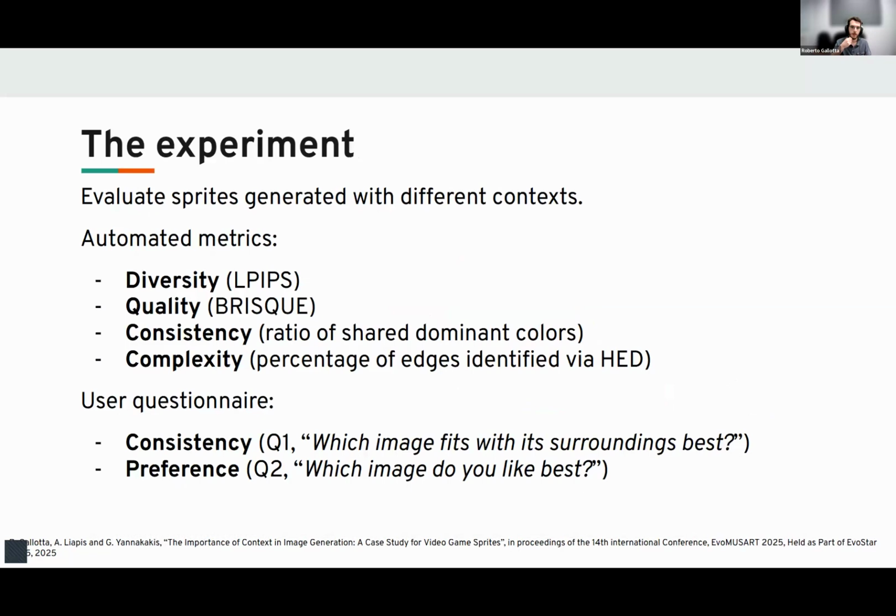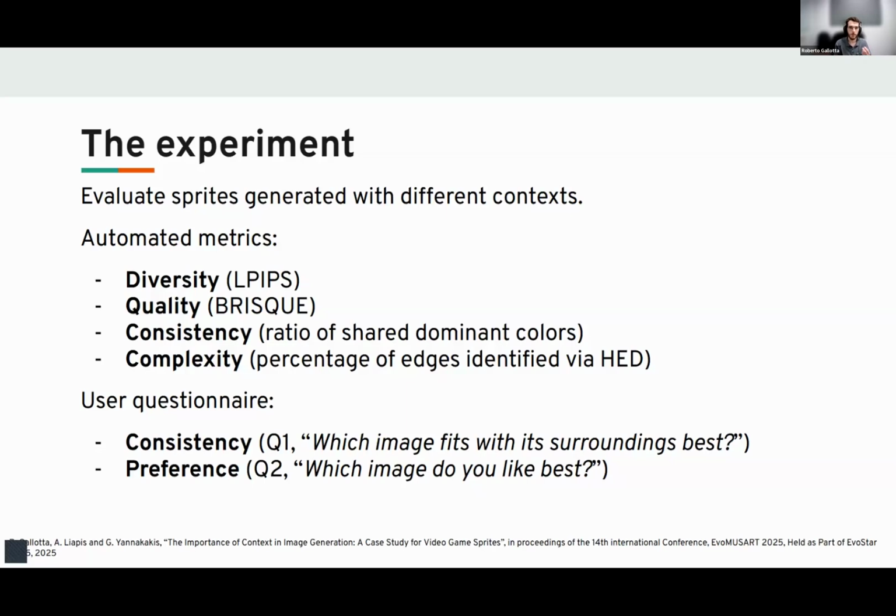So we evaluated about 50,000 unique sprites we generated with combination of enemies and rooms, and we evaluated them on different metrics. We evaluated them on diversity, so how different the sprites were according to the different level of context.